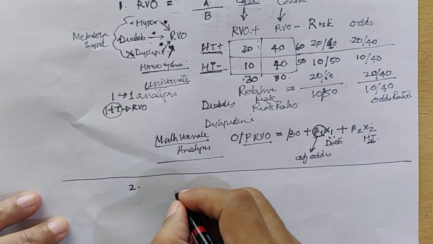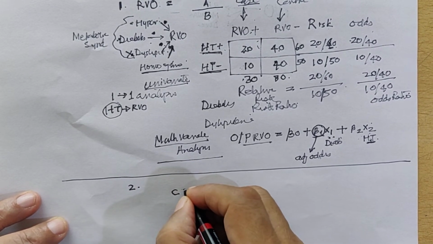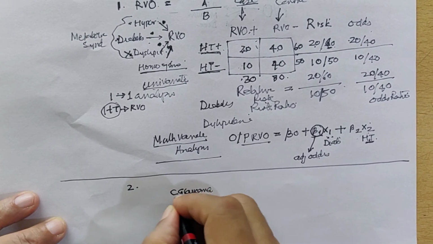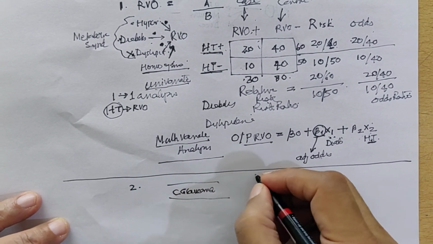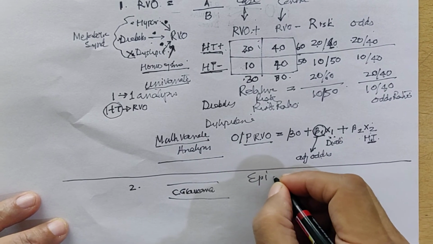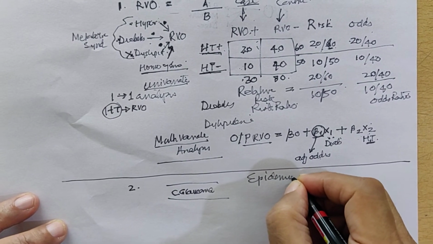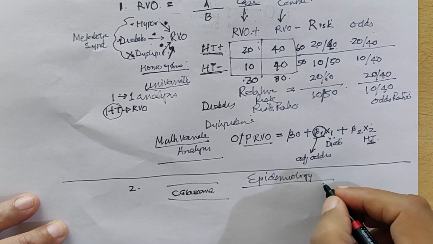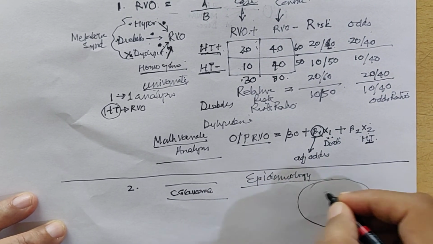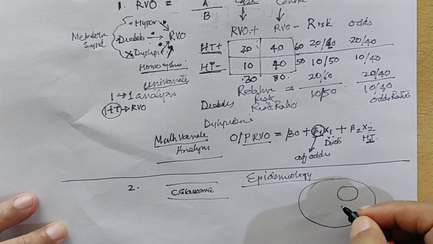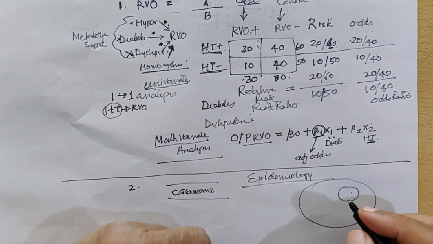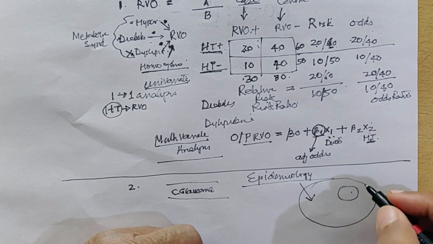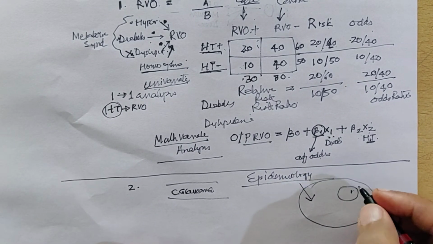The second was childhood glaucoma. You were trying to say epidemiology. If this is your total population and this much population is coming to the Sitapur Eye Hospital, then epidemiology refers to this, not to this.